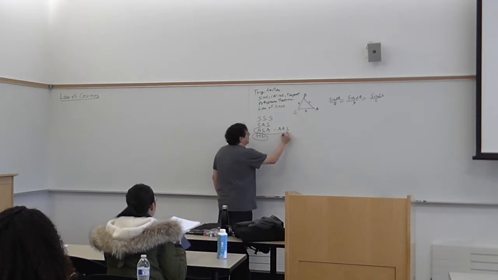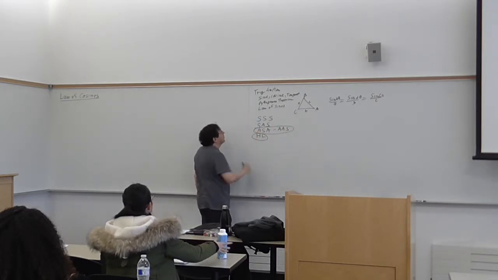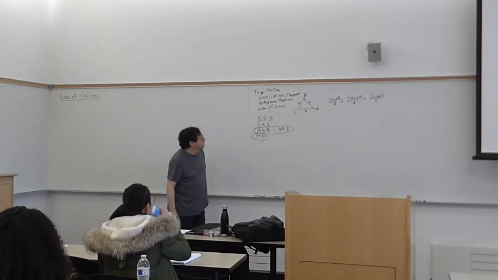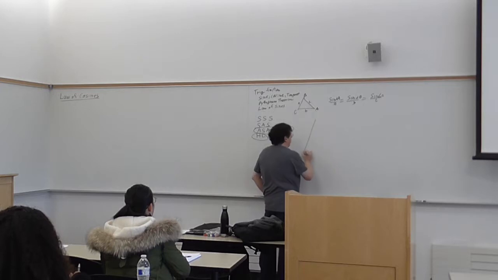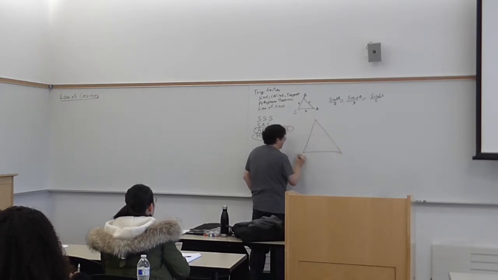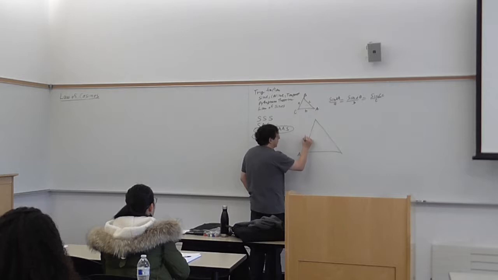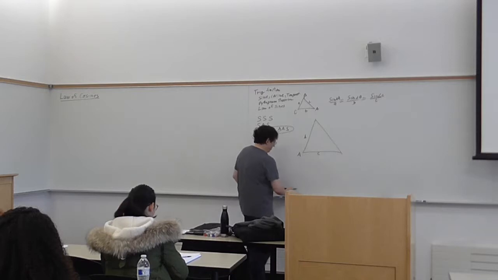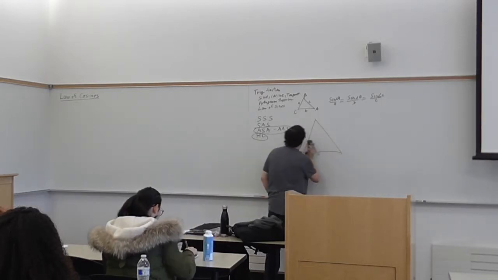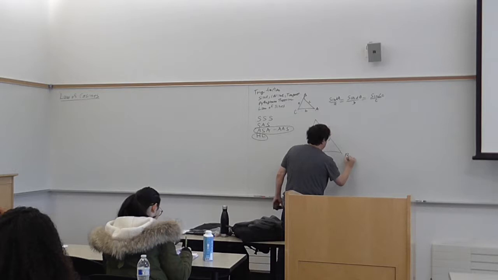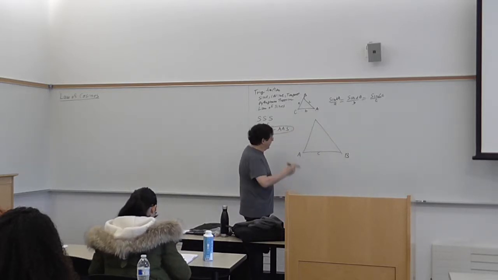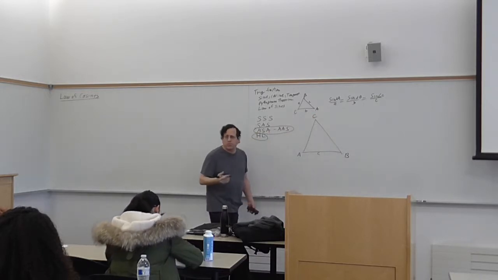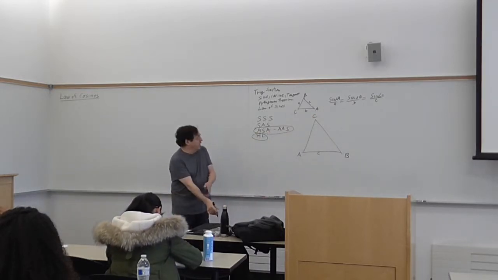Angle-side-angle was a bit of a problem until we had the law of sines to help us out. You have some triangle and you know 2 angles, and you know the included side. Well, then you have the 3rd angle because the sum of the angles in a triangle is 180.